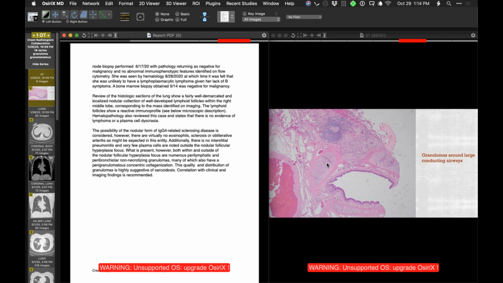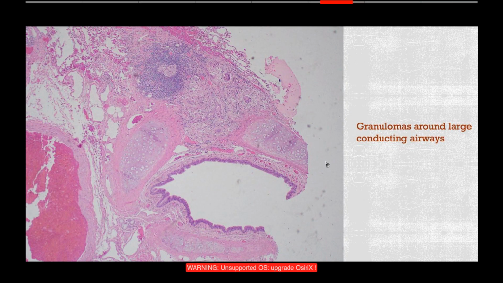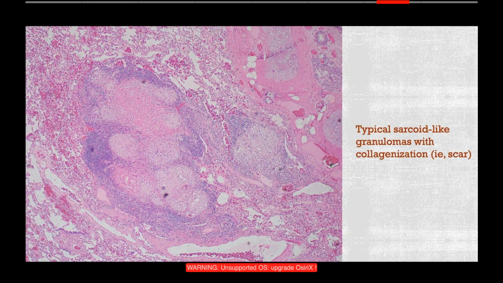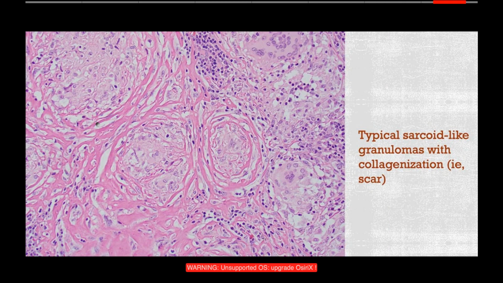But then on further evaluation, I'll just go through these and you can look at the annotations. There were lots of sarcoid granulomas with, here you can see a lot of collagenization, the deeper pink, very typical of what one might see with sarcoidosis about the granulomas. Very dramatic here. So this would be super typical of sarcoidosis.